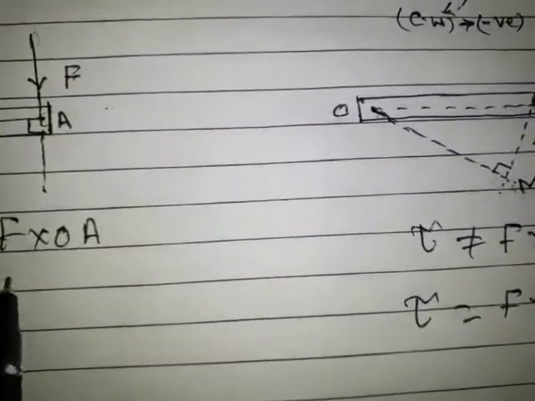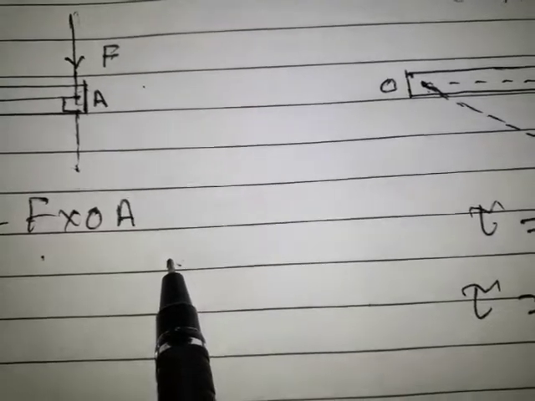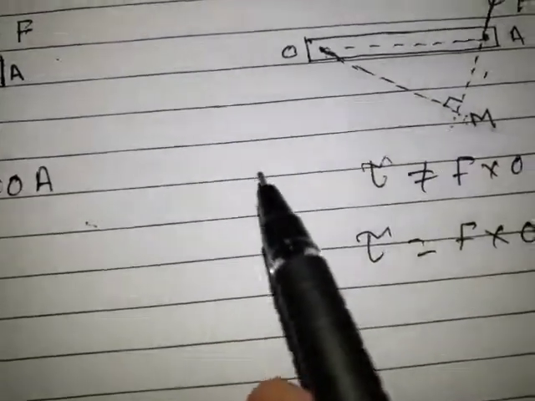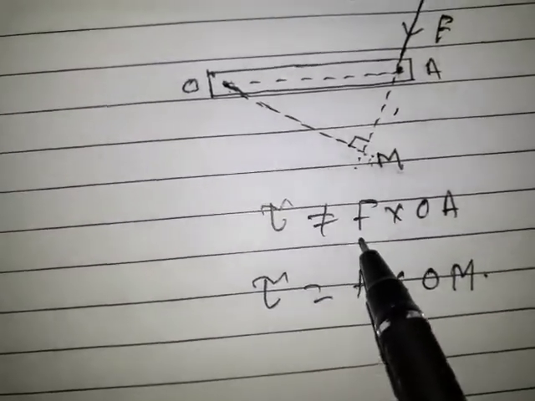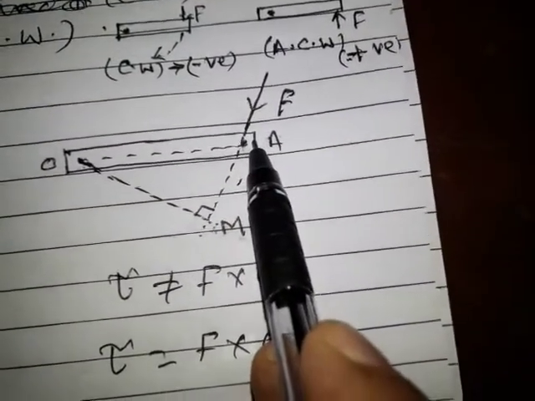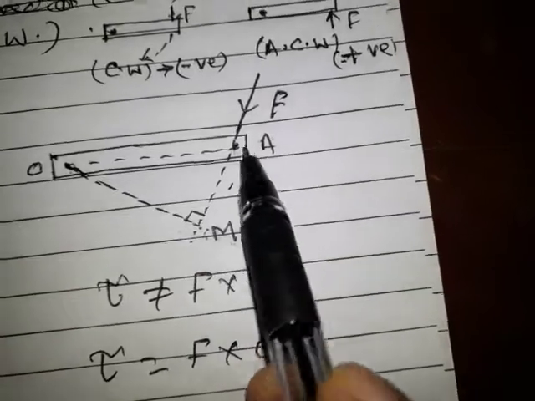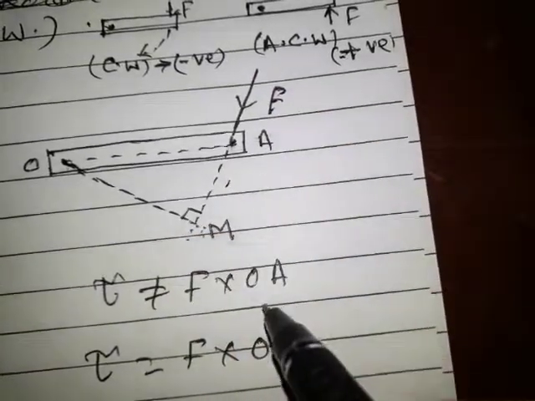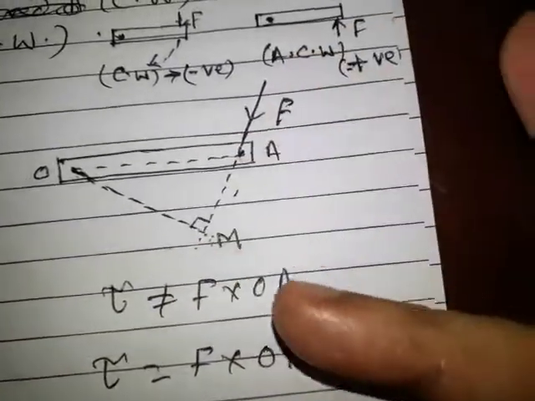Now what are the factors? Only these two, the force and perpendicular distance. And what is the condition for maximum torque? We will have to apply force at maximum distance, and if the line of action of force becomes perpendicular, then also it will be maximum.